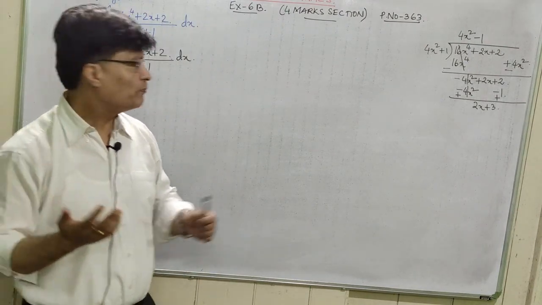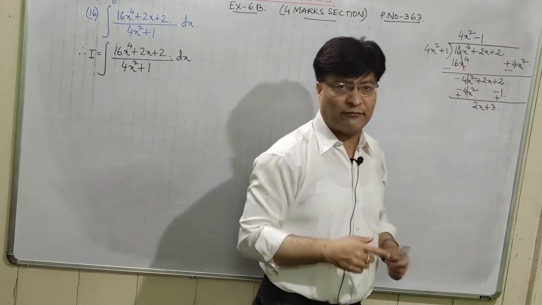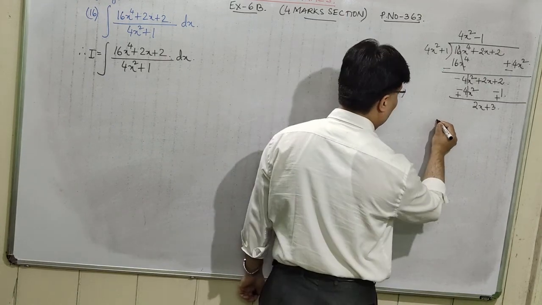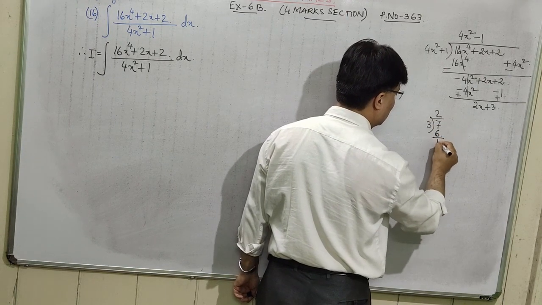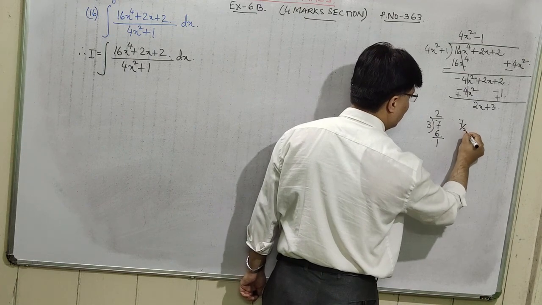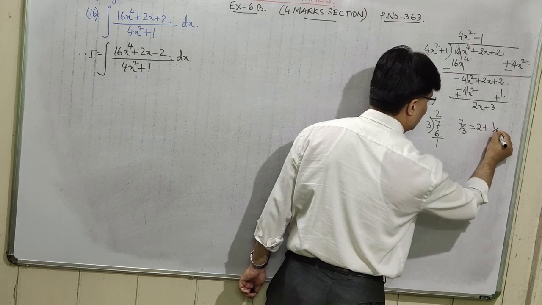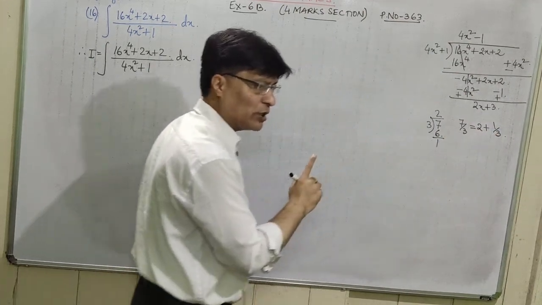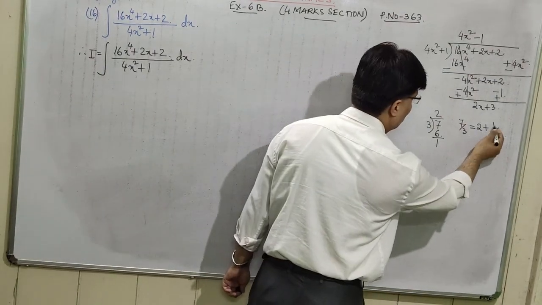So now you know how to write this expression as a fraction, isn't it? That is, numerator divided by denominator will be equal to the quotient, plus remainder upon divisor. If we divide 7 by 3, what do we get? 3 2s are 6, remainder is 1. So this 7 by 3 can be written as quotient plus remainder upon divisor, that is 3 2s are 6 plus 1 is 7.